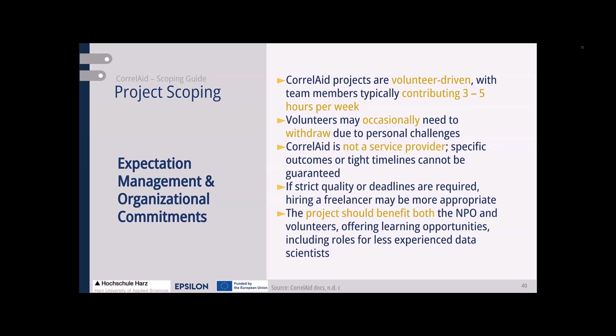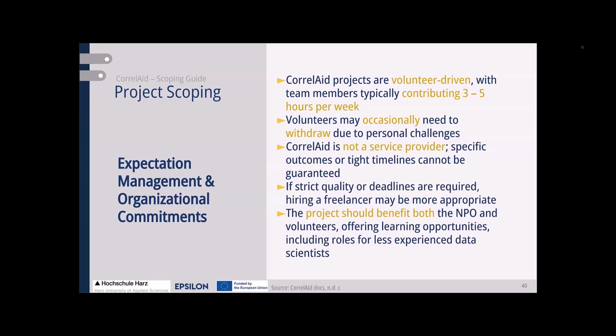And also, what the initiatives always need to underline is that they are not a service provider. So if timelines cannot be guaranteed, the other side has to live with that. Yes, the nonprofit organization does not pay any money for the service. Therefore, the volunteers are able to define the timeline that fits their lifestyle and their professional work life.